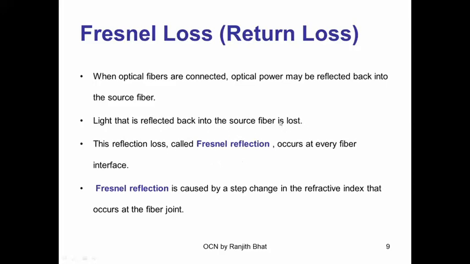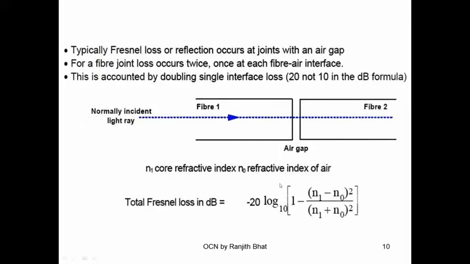So we have to calculate the loss with the help of Fresnel's reflection return loss, using this formula: minus 20 log 10 of (1 minus ((n1 minus n0)^2 divided by (n1 plus n0)^2)). N0 is the refractive index of air, and I can write it as n itself like the previous formula. N1 is the refractive index of the core.